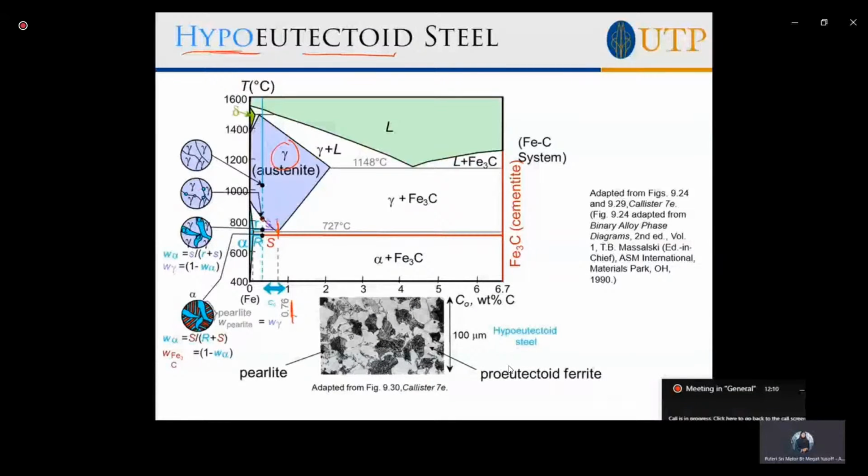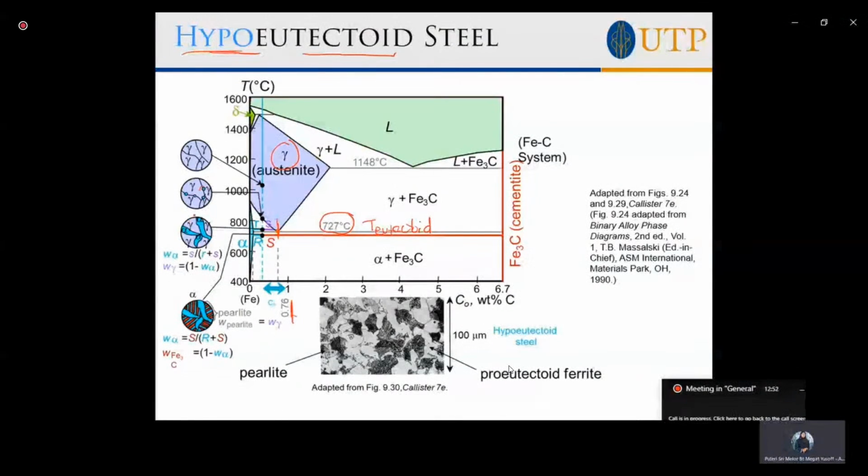As you go down in temperature, you reach the 727 line. Just before that, you grow more alpha, because when you go down, you convert into more alpha. So the alpha that you started along the grain boundary will grow like a river. Once you cross the 727 line, which is the eutectoid line, remember, in eutectoid, gamma changes into alternating layers.